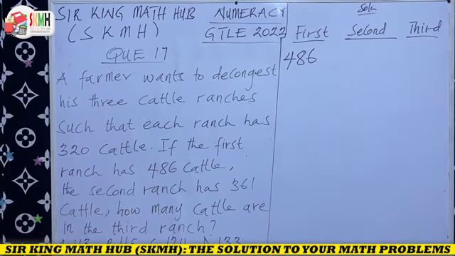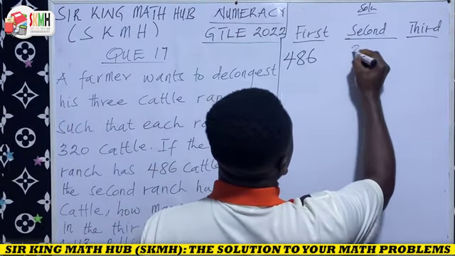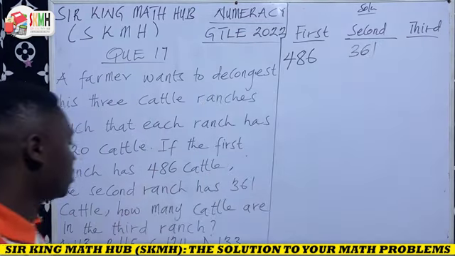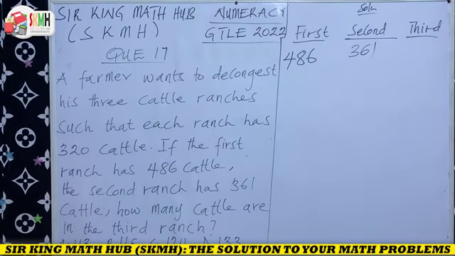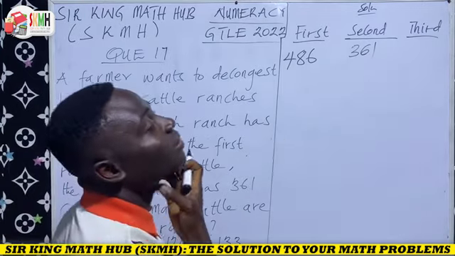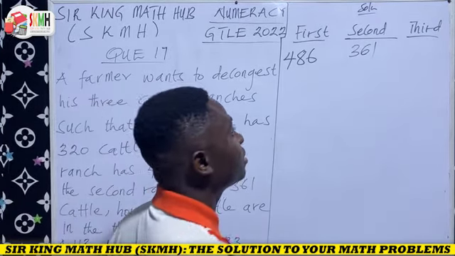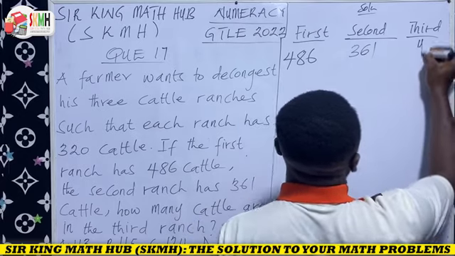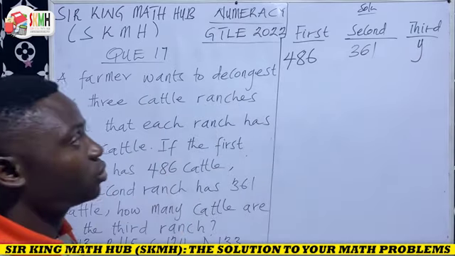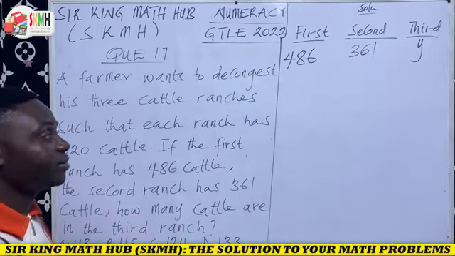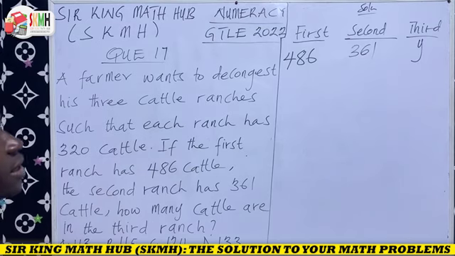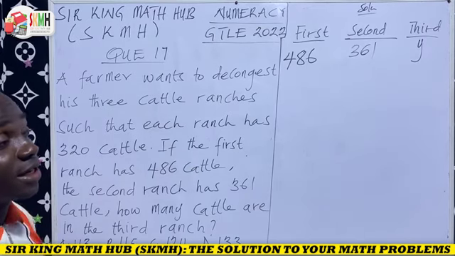The second ranch has 361 cattle. And we have to find the number of cattle in the third ranch. Since we don't know the exact number, let's represent the number of cattle in the third ranch with a variable, in this case y. So that is for the information concerning the first, second, and then the third ranches.